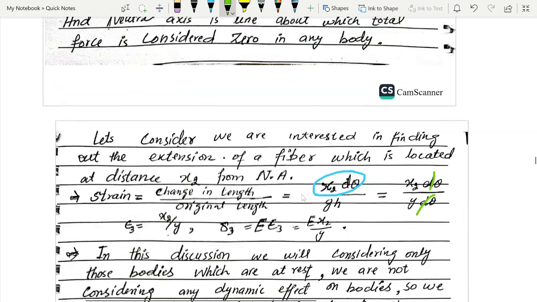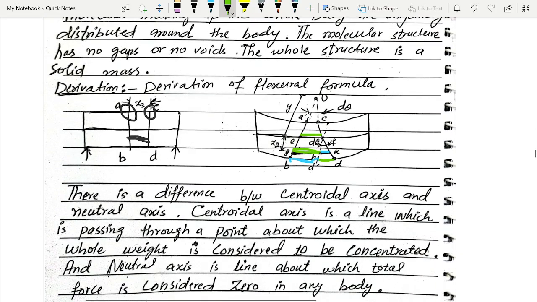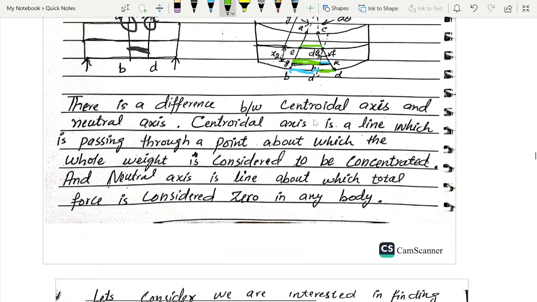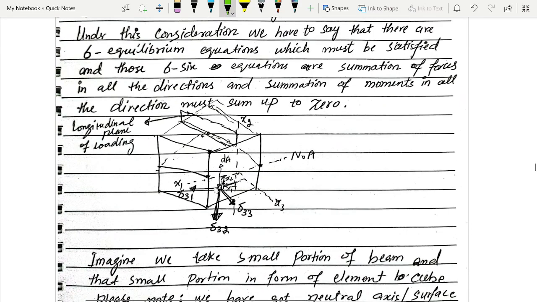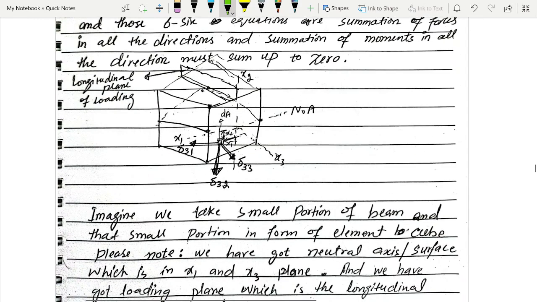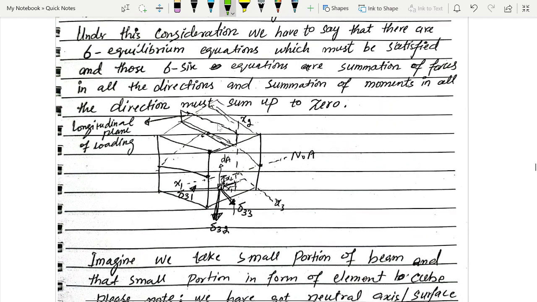So we have this beam. We take a portion of the beam, an element of that beam, and it is shown in 3D. We have the loading plane, the longitudinal plane of loading. We have the neutral axis.